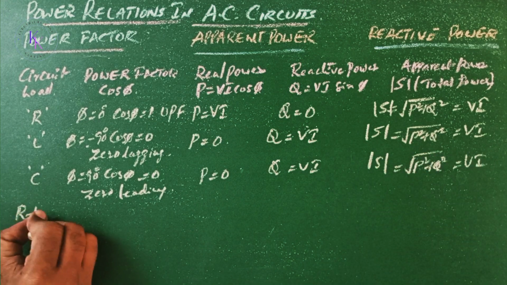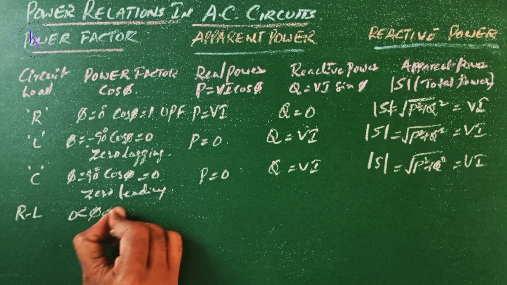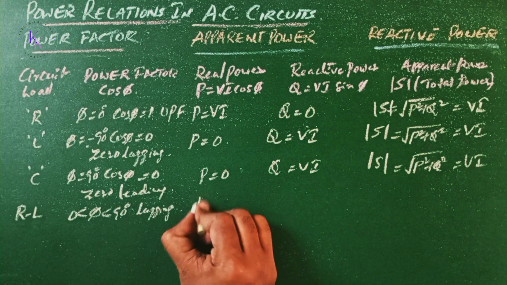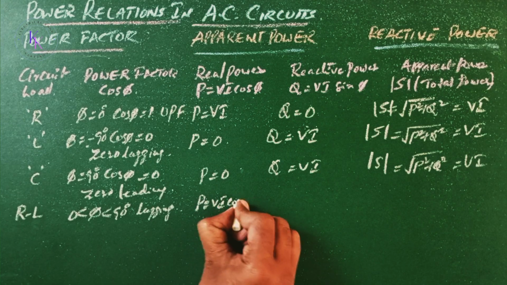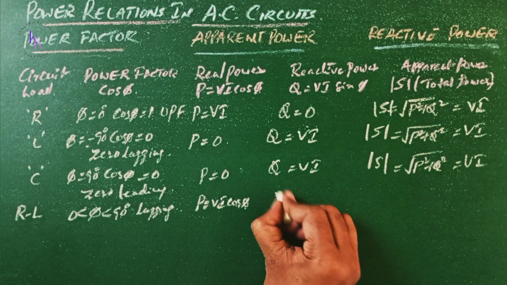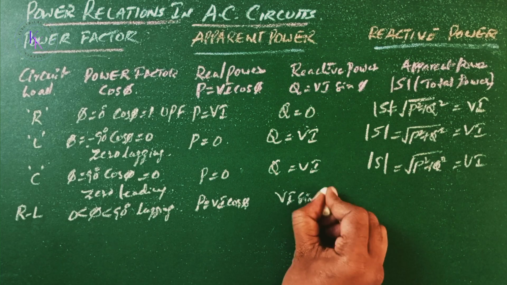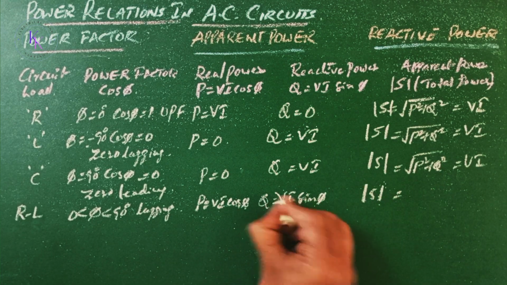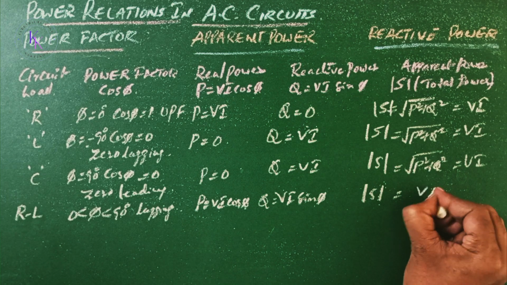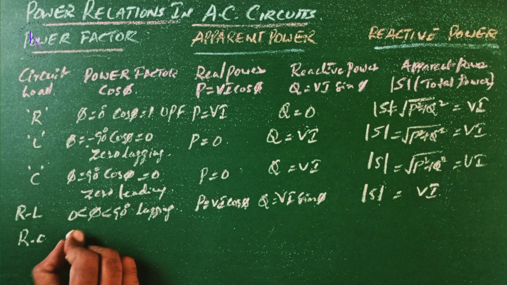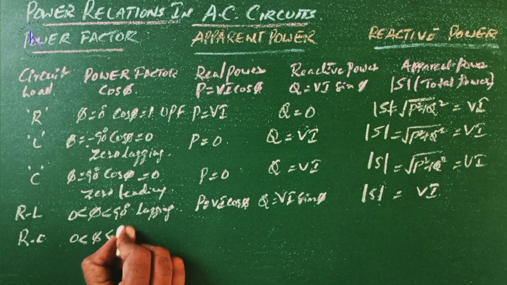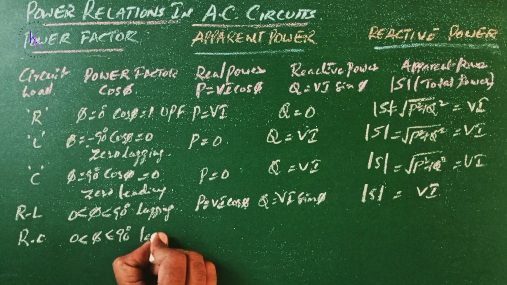Now for an RL load, phi will be between 0 and 90 degrees, lagging. P is given by VI cos phi and Q is given by VI sin phi. If you substitute these values of P and Q, the apparent power S is VI. For RC circuit loads, the angle between V and I is between 0 and 90 degrees, but this is leading.